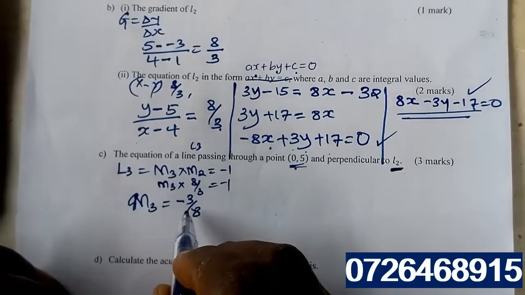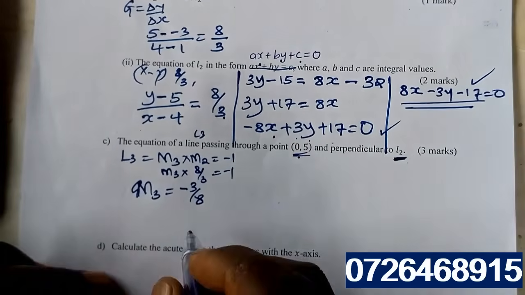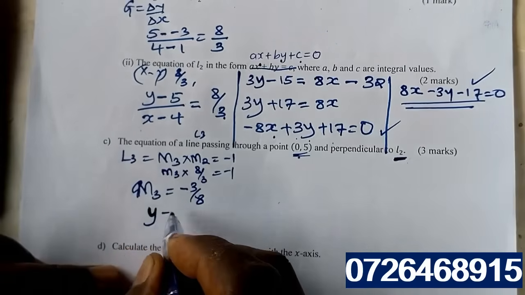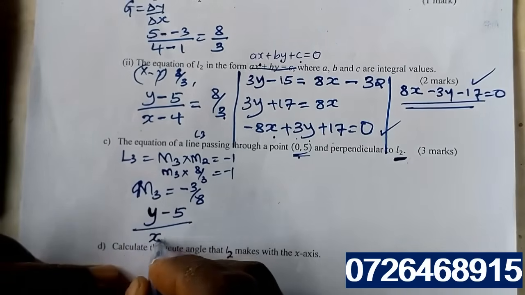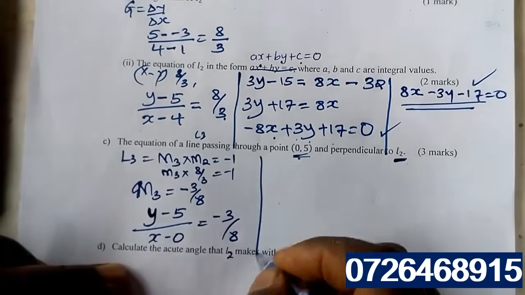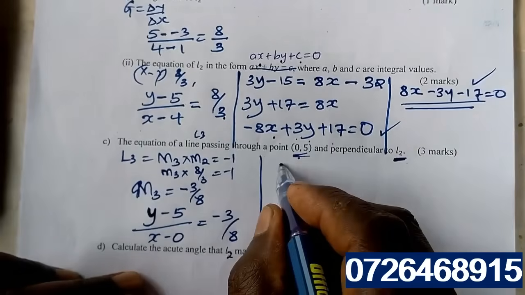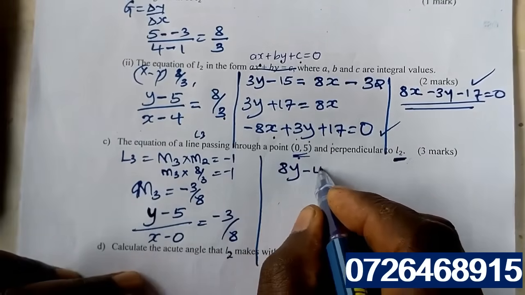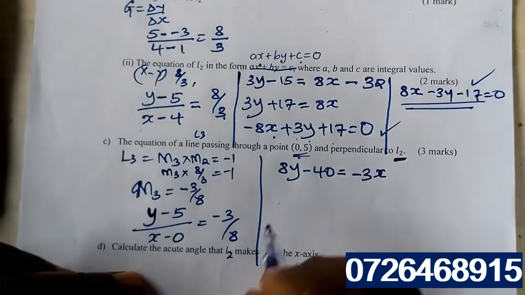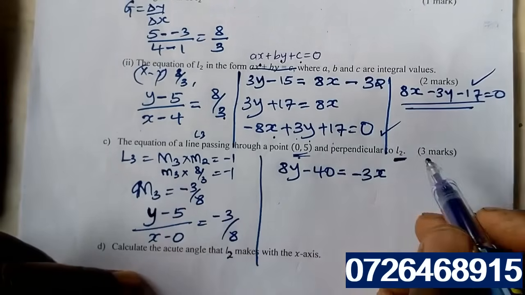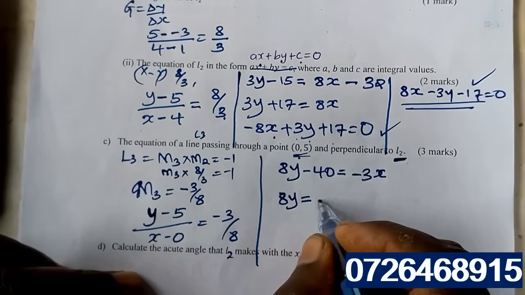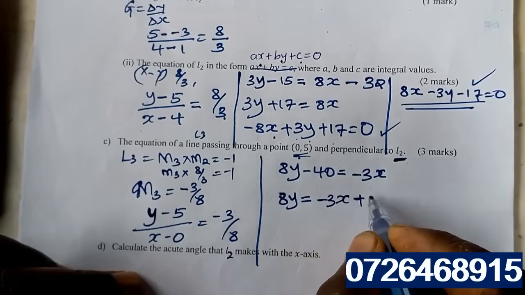So we have now got the gradient M3. Now it is passing through (0, 5), so we are going to say y minus 5 over x minus 0, the answer is negative 3 over 8. Cross multiply, we are going to have 8y minus 40 is equal to minus 3x. We were told the form, so this one can be 8y is equal to minus 3x plus 40.